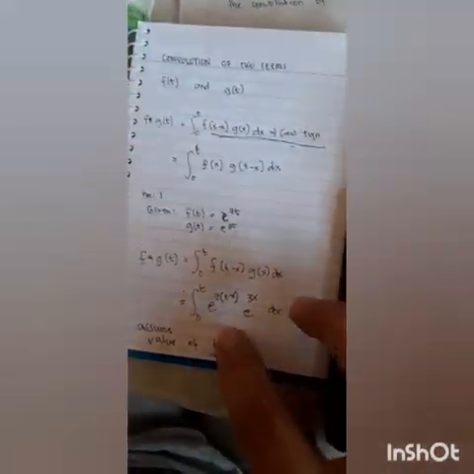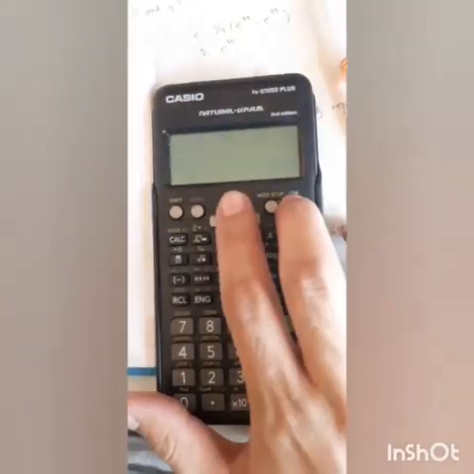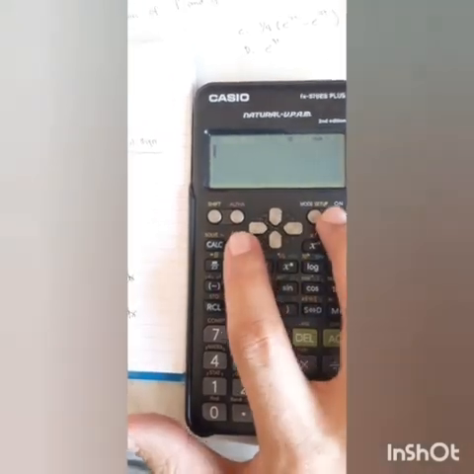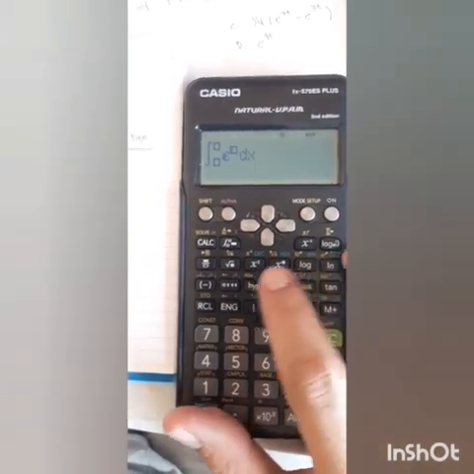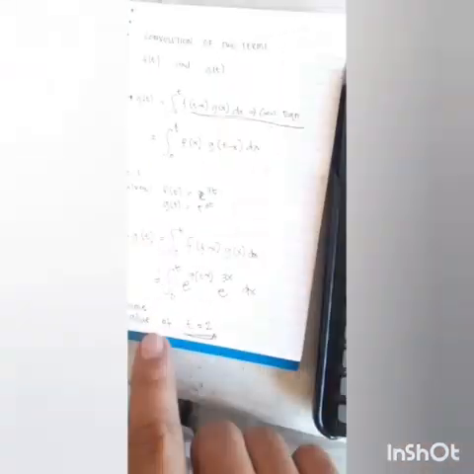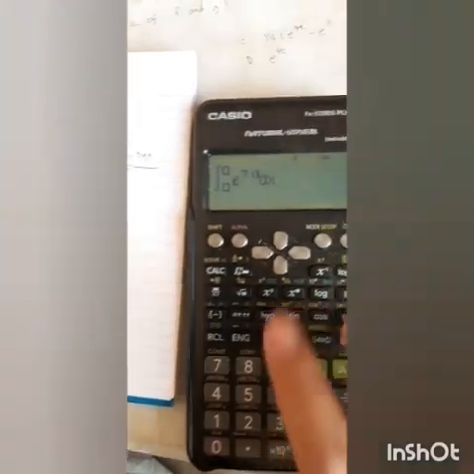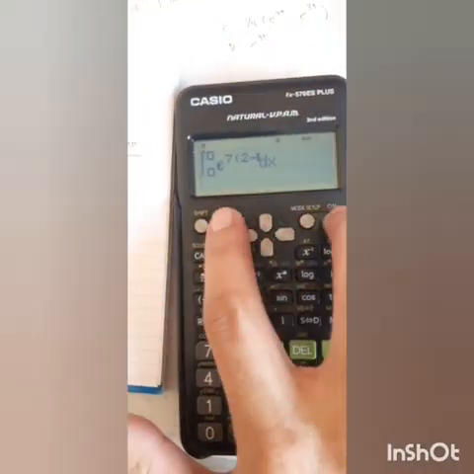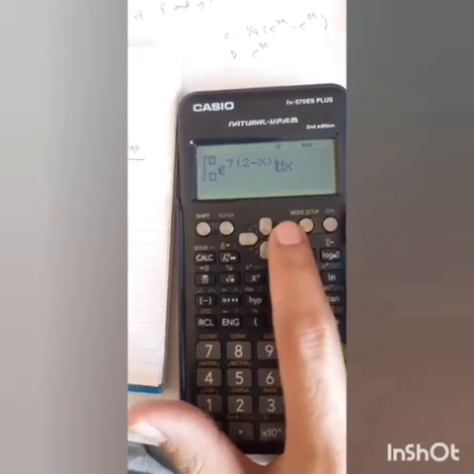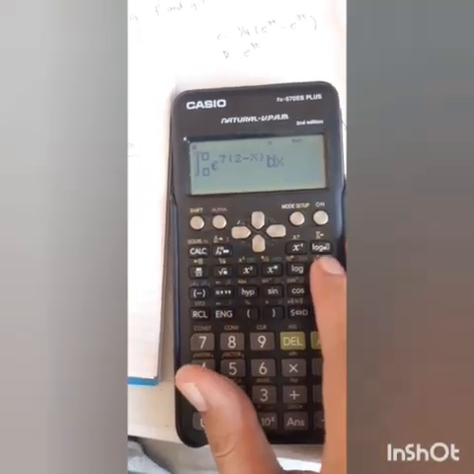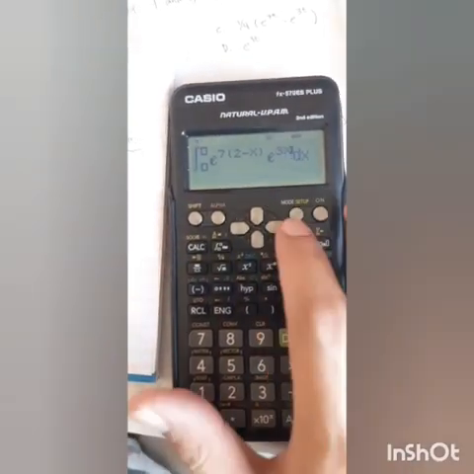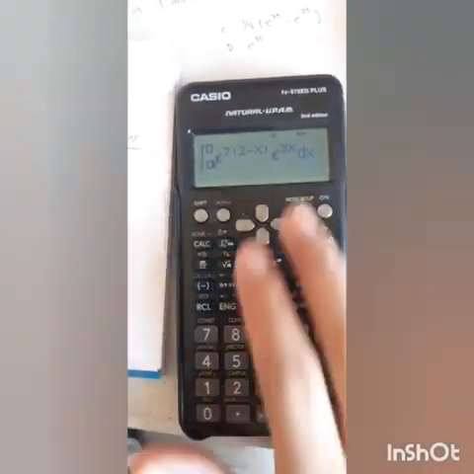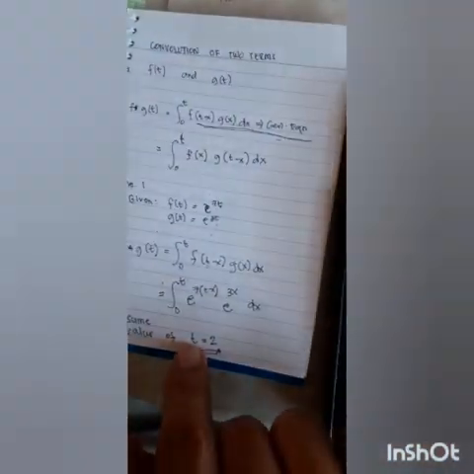Okay. Once may equation ka na, you will input that sa calculator. Okay. Using the calculator 570ES, i-input natin yan. E raised to 7 times yung t natin is 2, so 7 times 2 minus x, tapos e raised to 3x, then limit mo is 0 to 2.